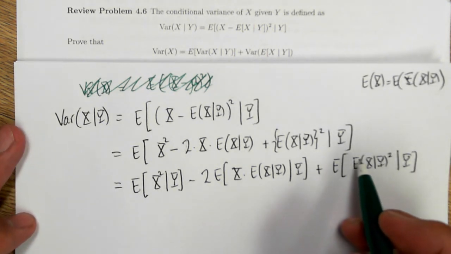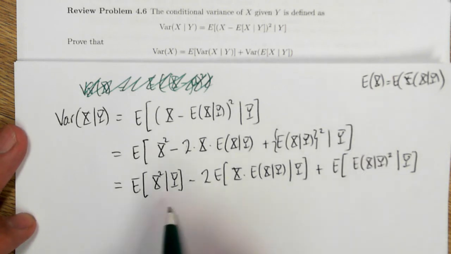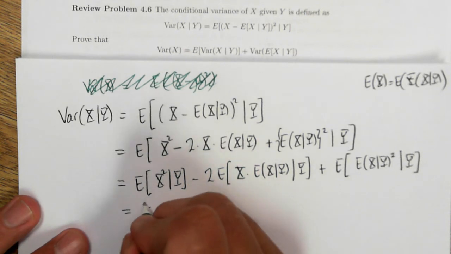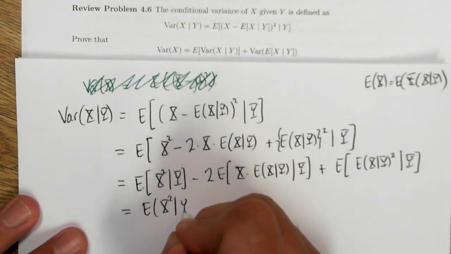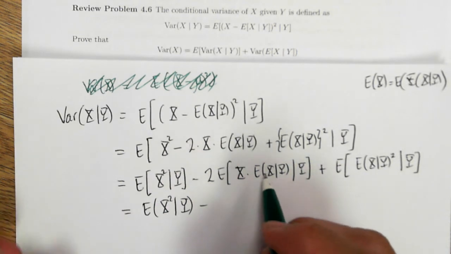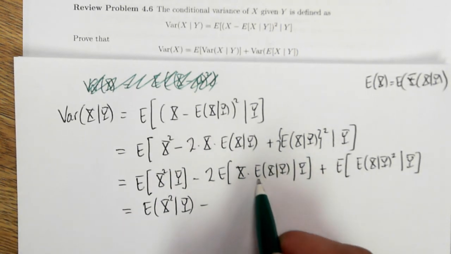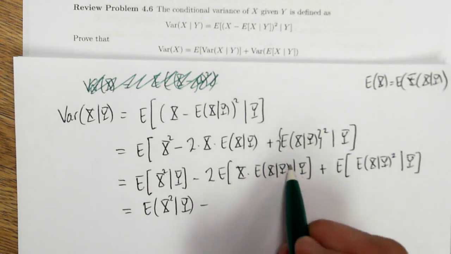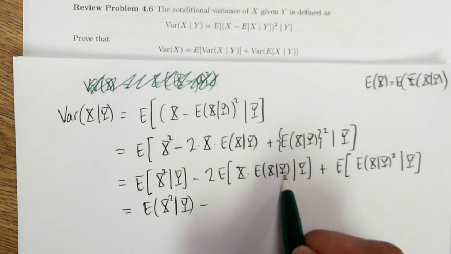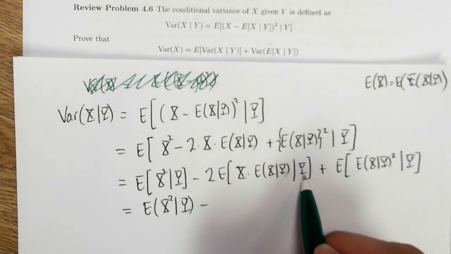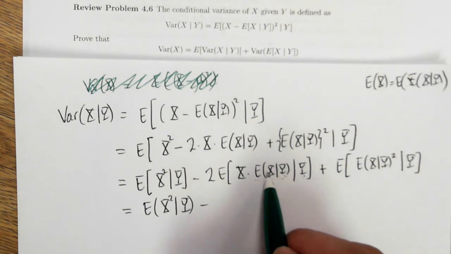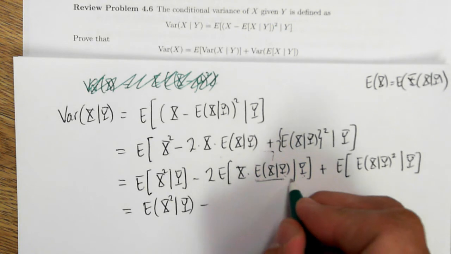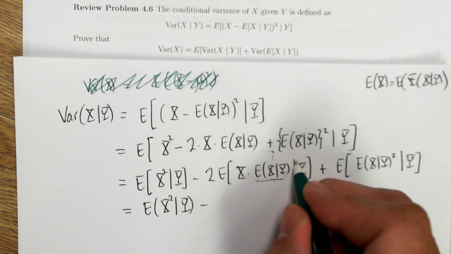Okay, so how are we going to approach this now? First off, the first term is going to carry along for the ride, expected value of X squared given Y. Next, I note that this, the expected value of X given Y, is basically a constant with respect to Y. In other words, this is a function of the random variable Y. So giving the value of Y gives me no extra information, and so this constant can be pulled outside of the expectation. And it's a constant because this is a conditional expectation.